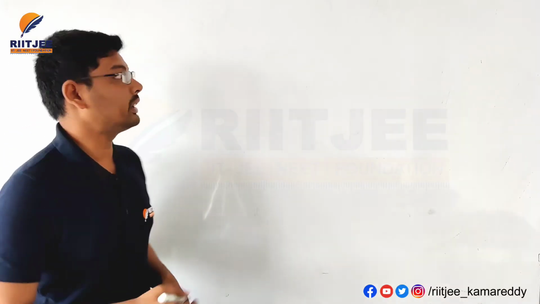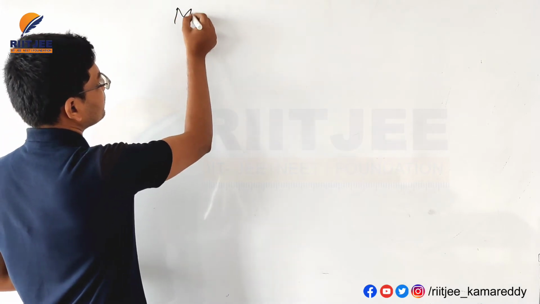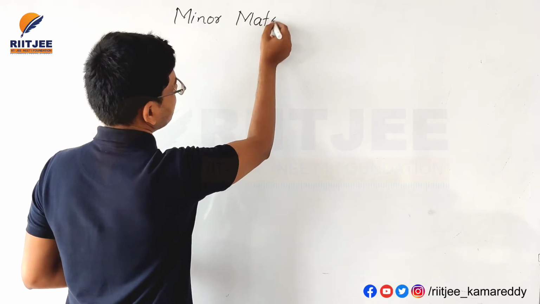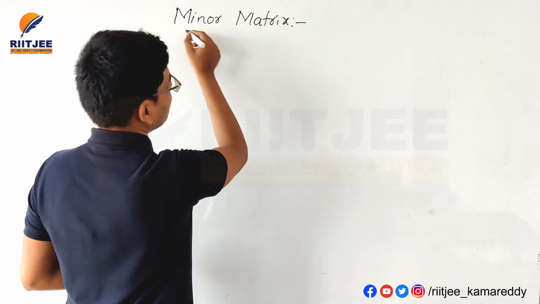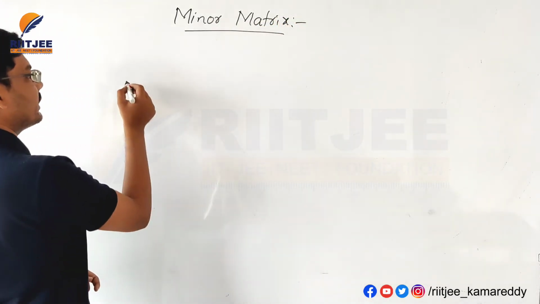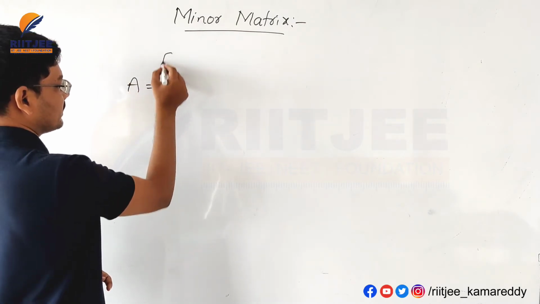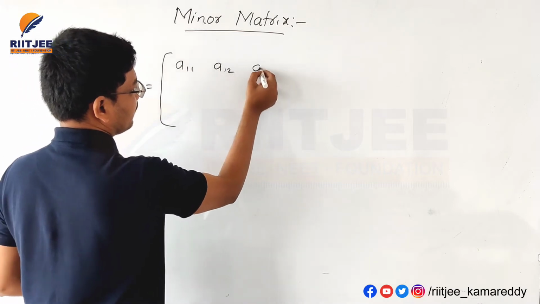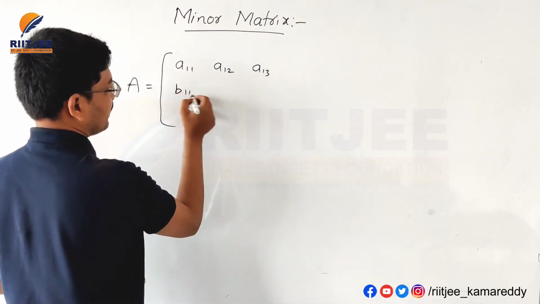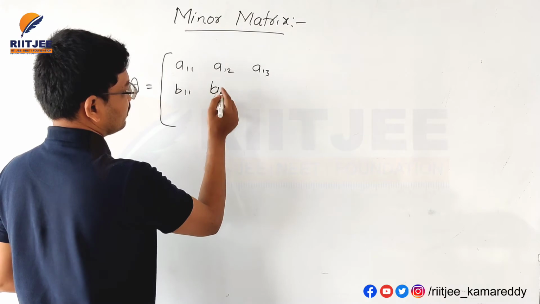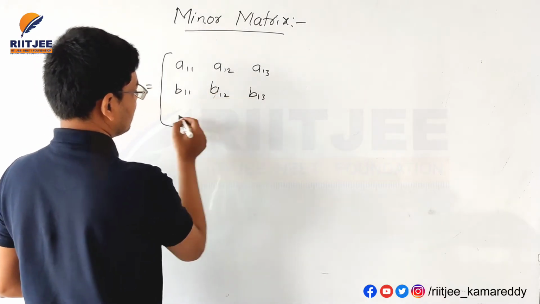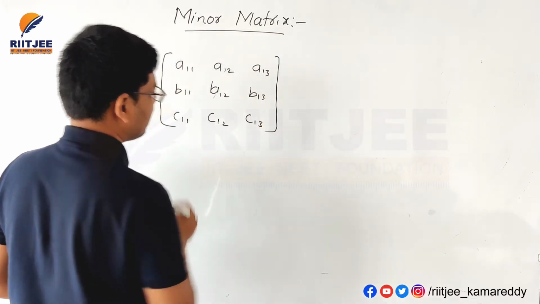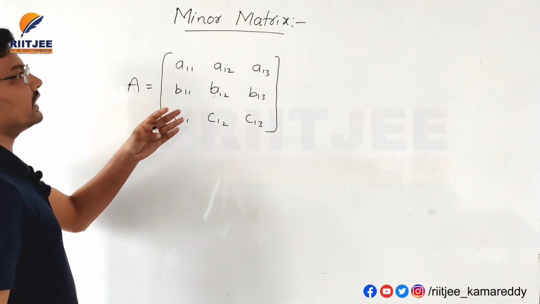And the next concept is minor matrix. Here, let us take a matrix A. I am writing the elements A11, A12, A13, B11, B12, B13, C11, C12, C13. This is the matrix I am taking here. Here, what is a minor matrix?